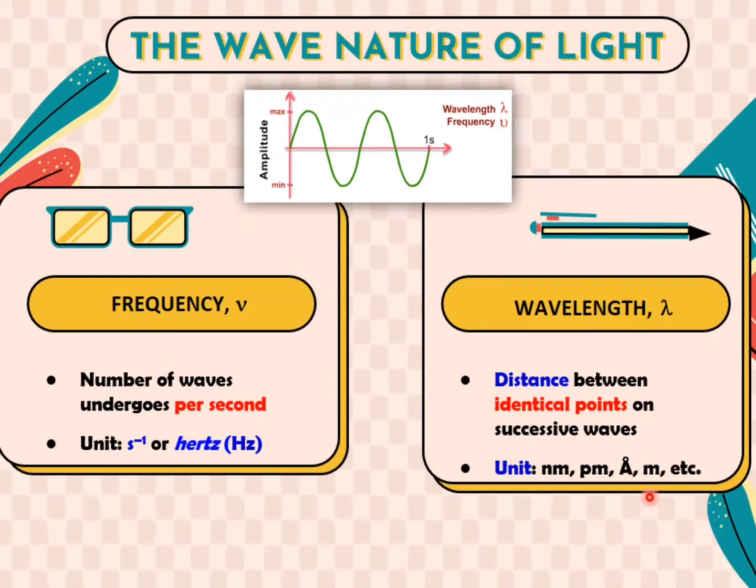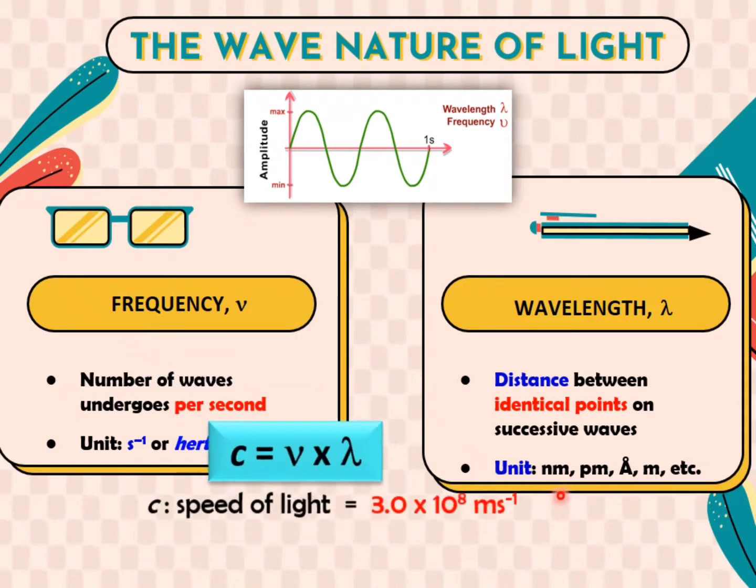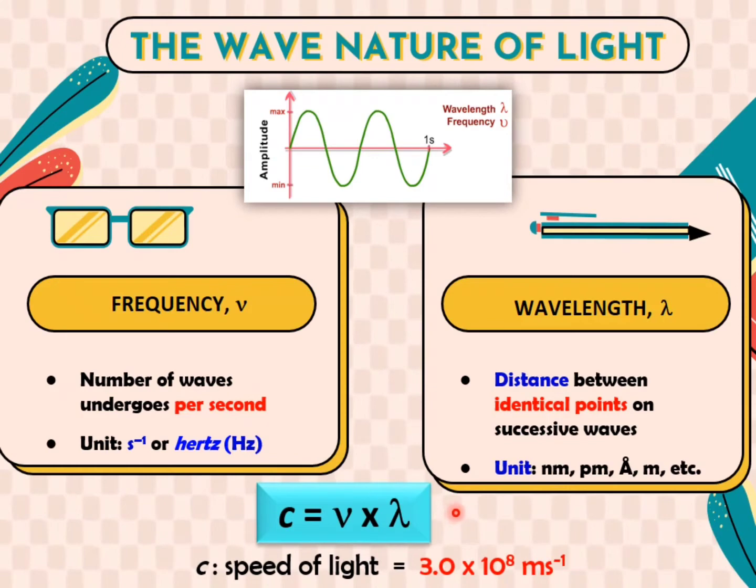Okay, but in our lesson for chapter 2.1, the unit for wavelength we are going to use is nanometer or sometimes meter. So this is the relationship that relates frequency and wavelength, which is c equals nu times lambda.